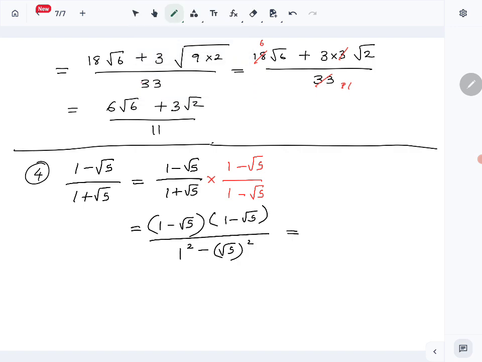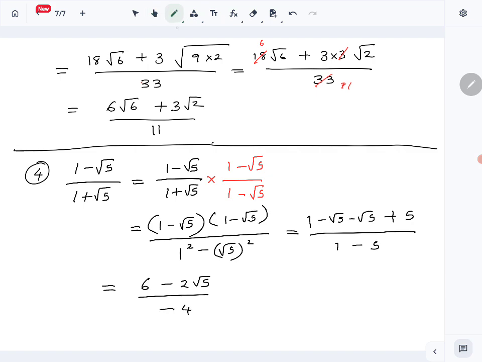So you will get what? 1 minus square root 5 minus square root 5, and minus square root 5 times minus square root 5 is plus 5, right? Because minus minus becomes plus and the square roots cancel, right? Now simplify. We have 1 plus 5, then you have what? 6 minus 2 square root 5 divided by minus 4, right?